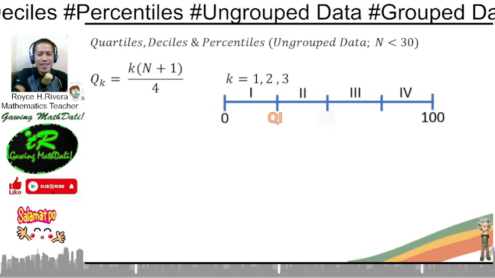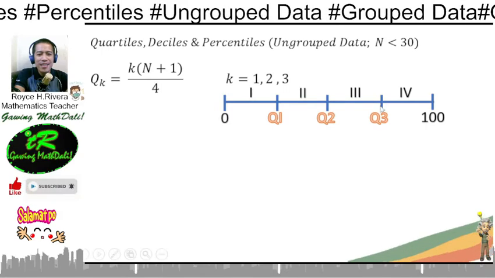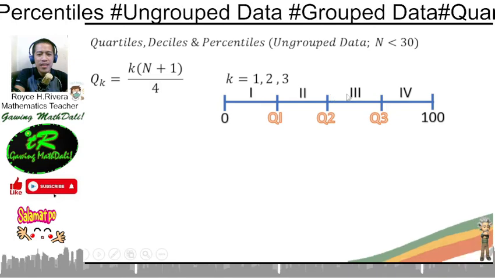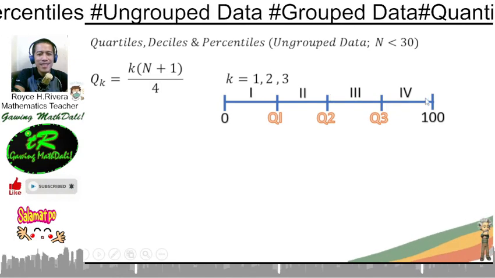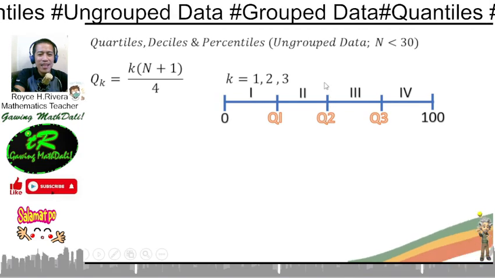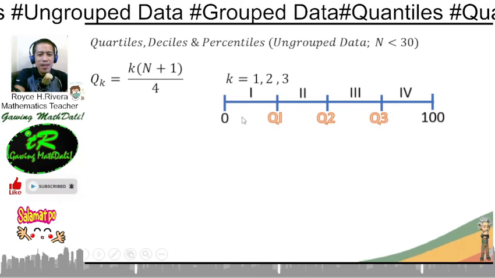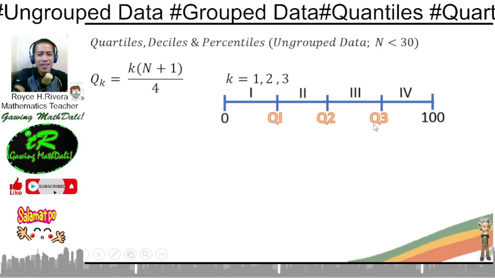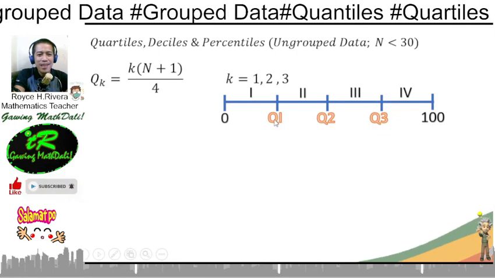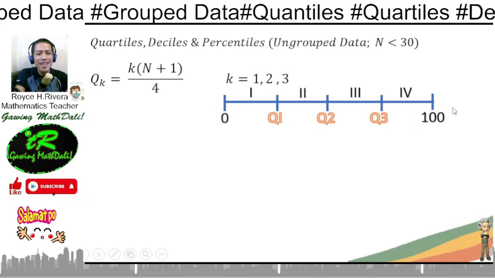Quartile 1, quartile 2, and quartile 3 divide the number line into 4 equal parts. Quartile 2 divides the line into 2 equal parts. This part is the lower quartile. This part is the upper quartile. Quartile 1 is the lower quartile. Quartile 3 is the upper quartile.